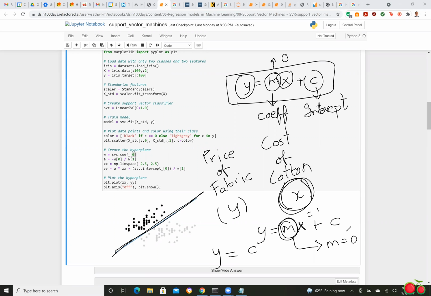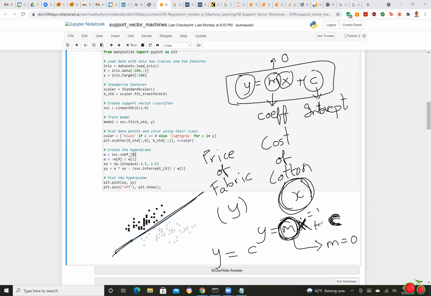Guys, did you get that? It's a simple equation of a line. So when my coefficient m is 0, it doesn't matter what my x value is, the product will be 0 and the y value will always be c.